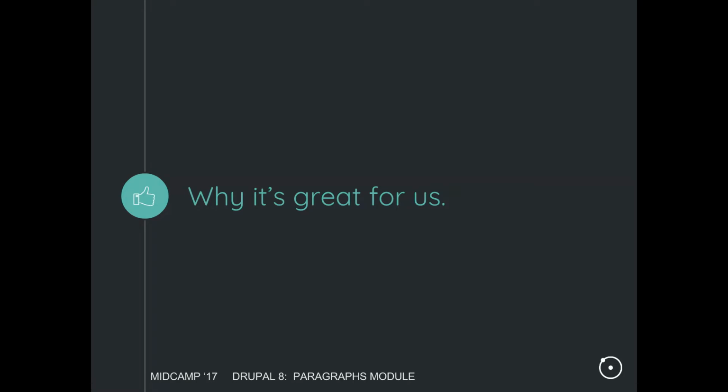We found that going forward with Drupal 8 the paragraphs module worked best for us because each one of these is editable straight from the page instead of hosted somewhere else and you have to reference them. It makes it a lot easier for the client to find out where to edit those content pieces.